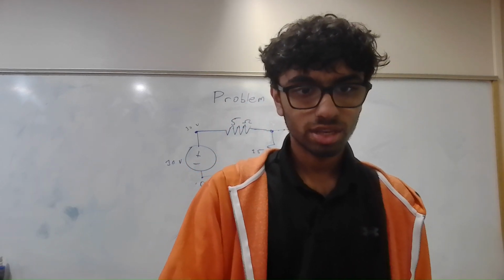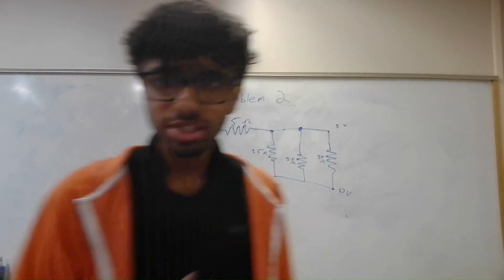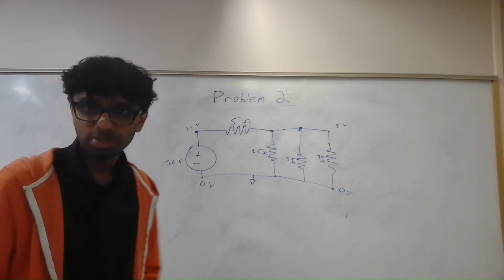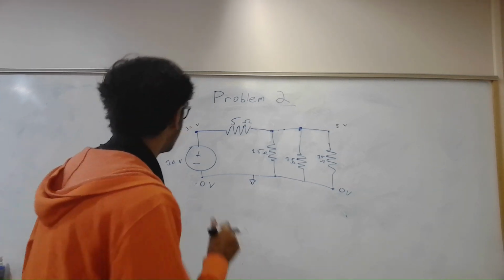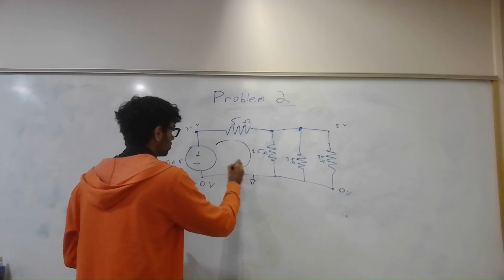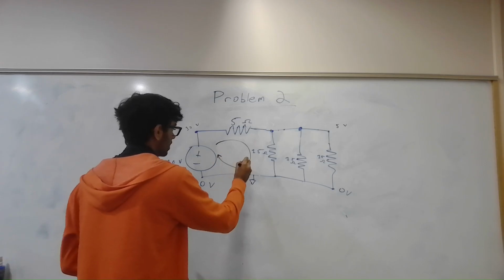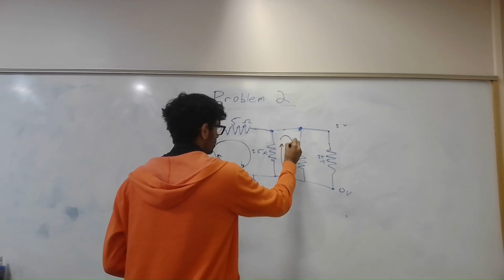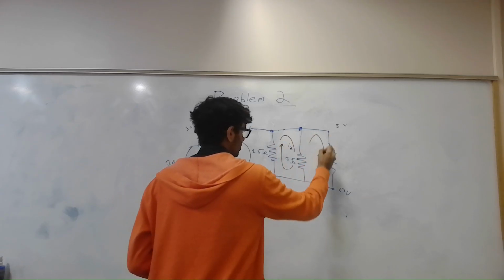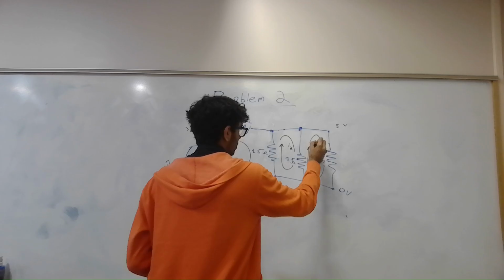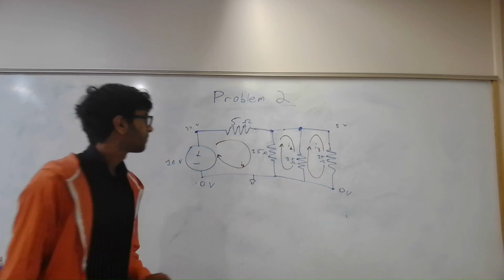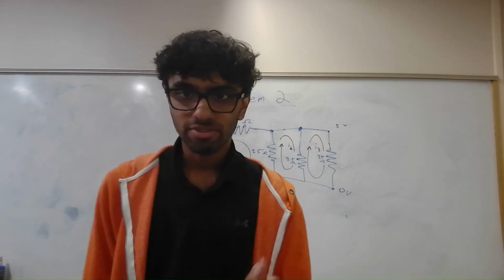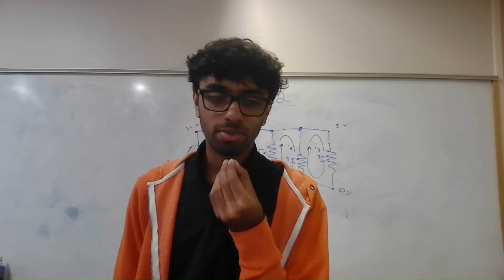So when we do this, we just assume for a second that I can draw individual loop currents. Let's call this current I1. Let's call this current I2. And let's call this current I3. So we have 3 loops and I've just given us 3 currents.